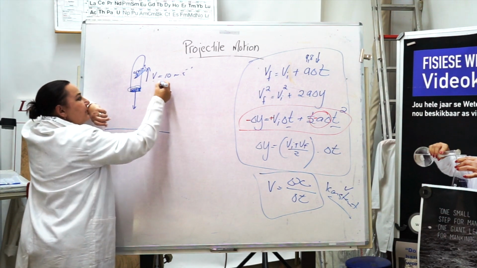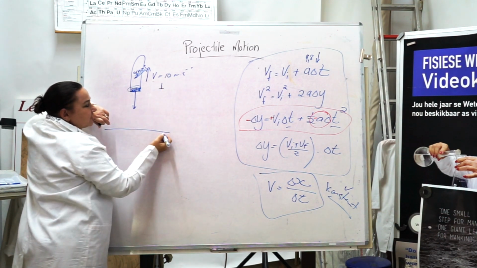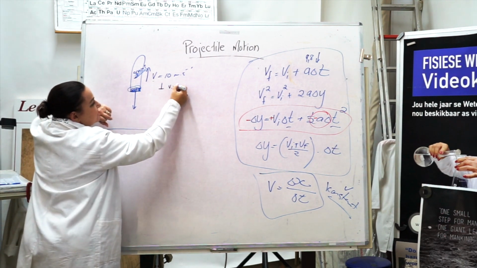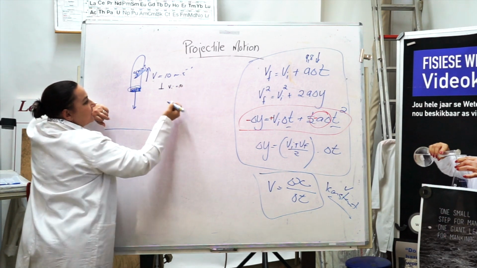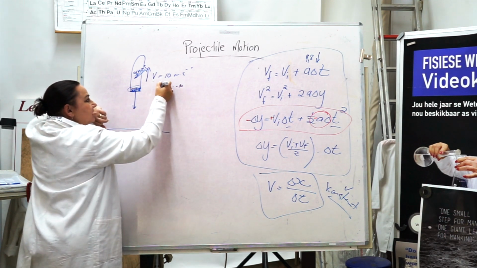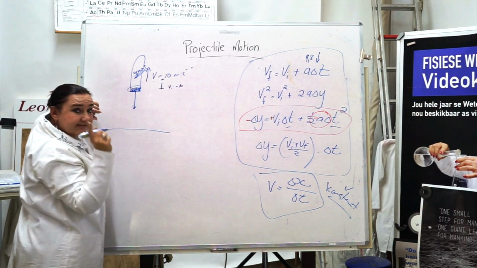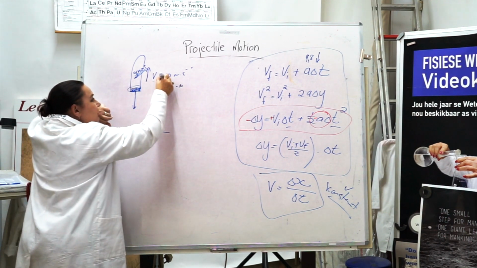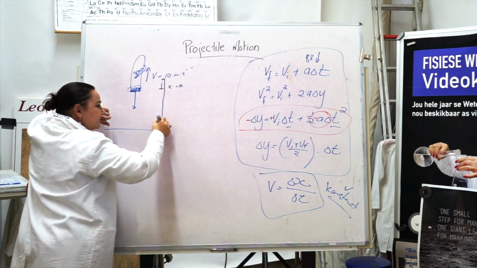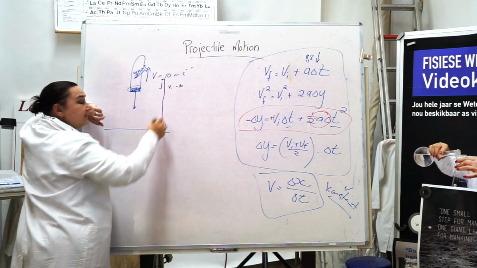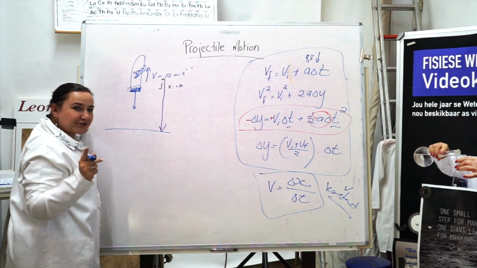So for it to be able to turn and come back to Earth, that 10 meters per second initial velocity is going to come down to 9, 8, to a point where it reaches 0, and only then it can change direction and fall down to Earth. So never forget that part of the motion.